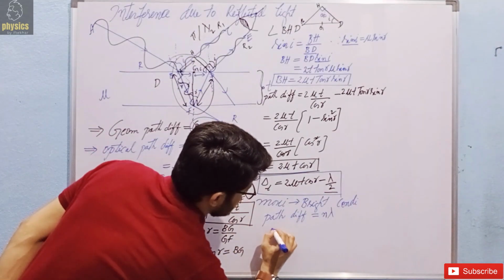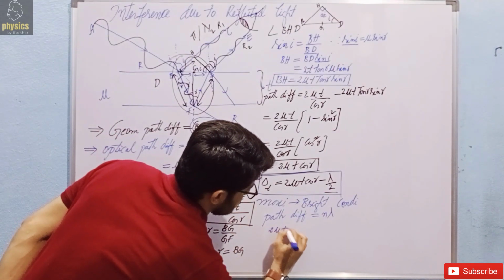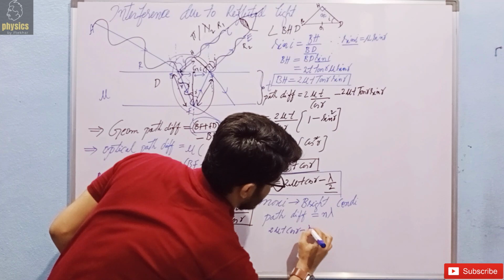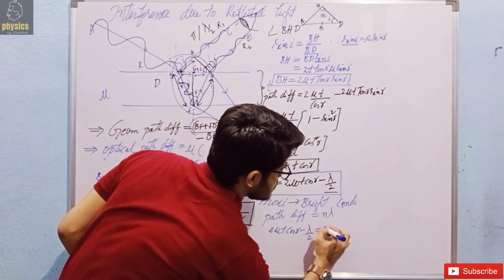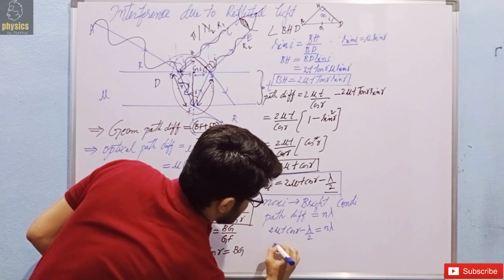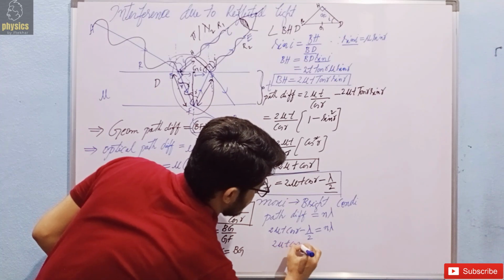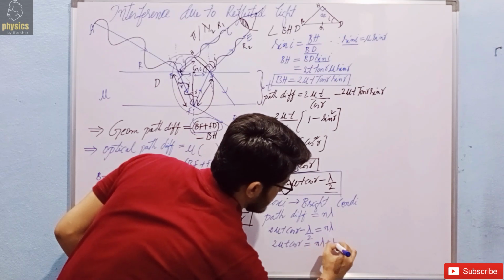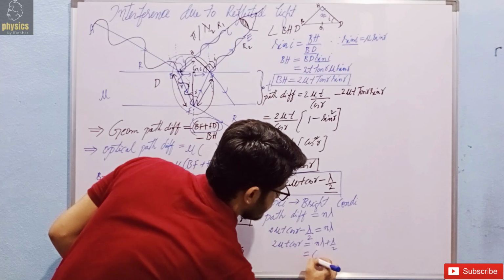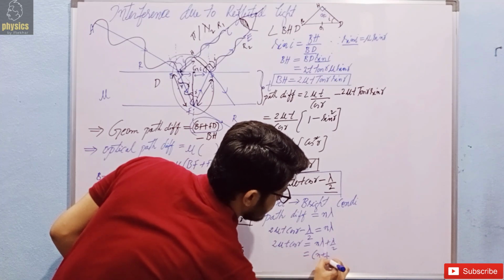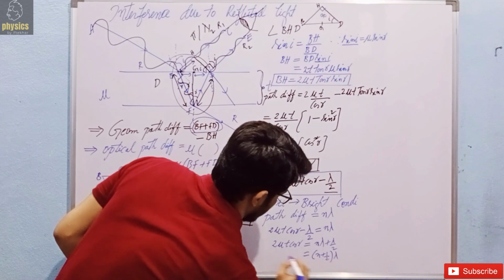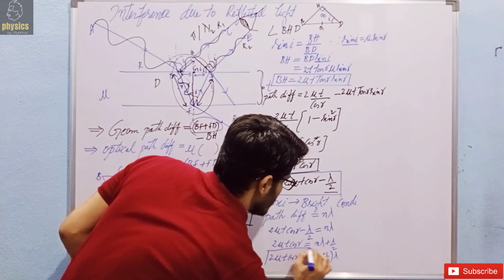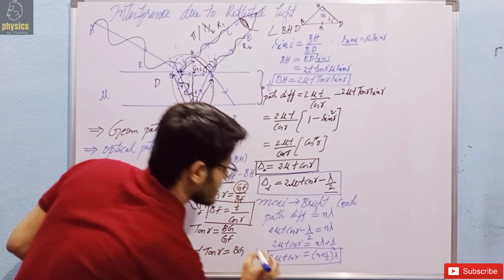So 2 mu t cos r minus lambda by 2 is equal to n lambda. So 2 mu t cos r is equal to n lambda plus lambda by 2, which gives me (n plus half) lambda. So this is the path difference to get a constructive interference.